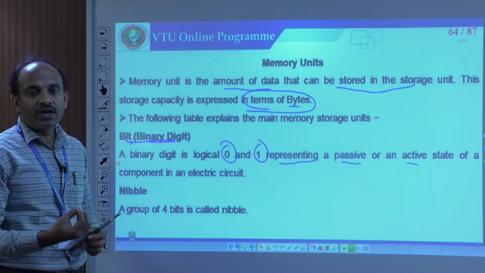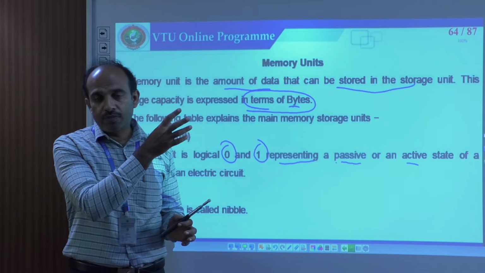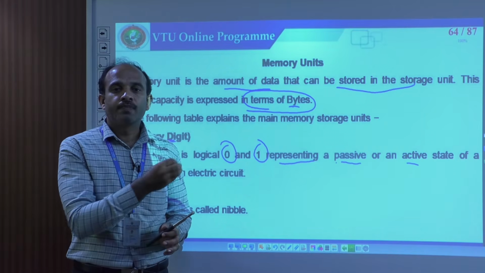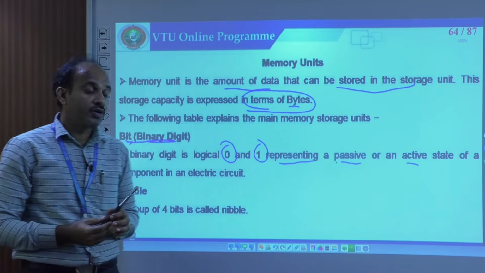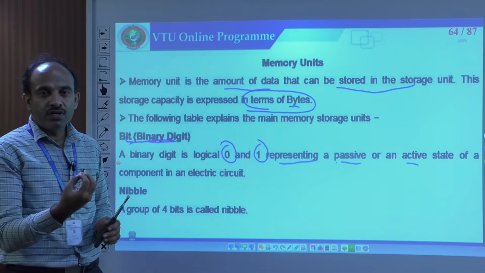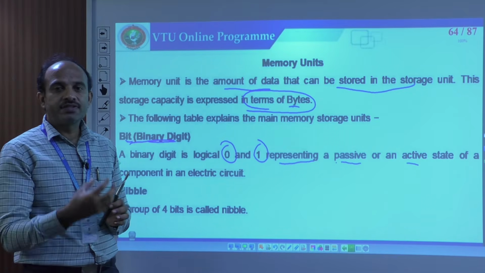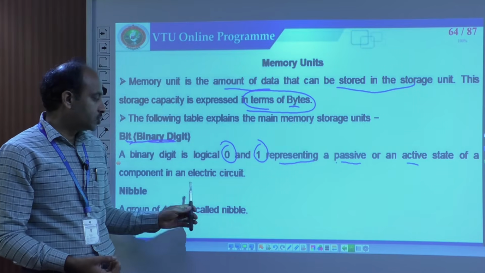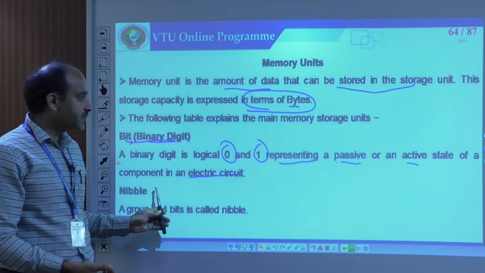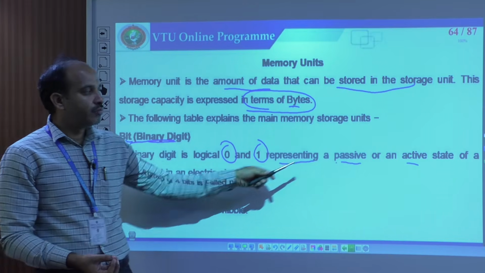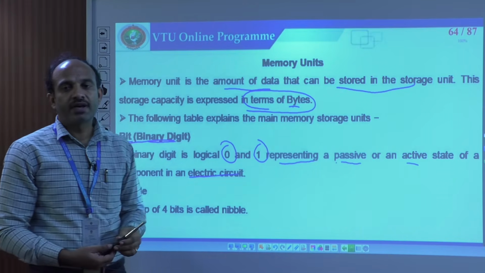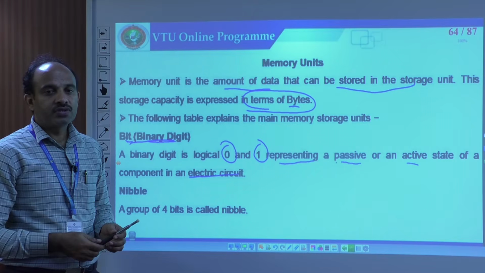Whenever we talk about bits, zeros and ones with respect to programming instructions, that is one view, but now we are talking about circuits, and how exactly the data will be stored. So the binary digit represents the passive and active state in an electric circuit.